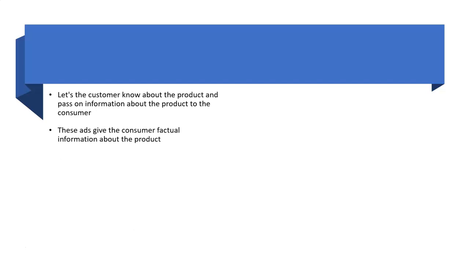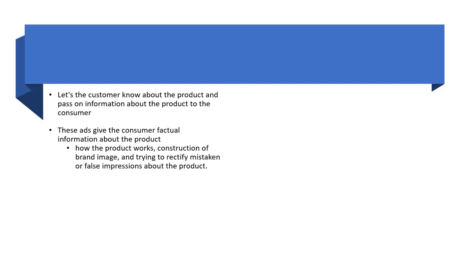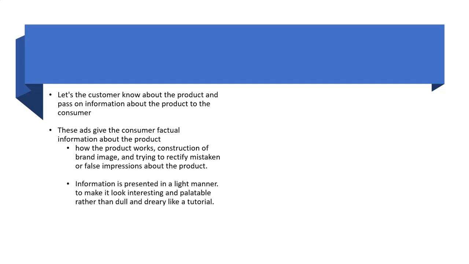These ads give the consumer factual information about the product, how the product works, construction of brand image, and trying to rectify mistaken or false impressions about the product. Information is presented in a light manner to make it look interesting and palatable rather than dull and dreary like a tutorial.